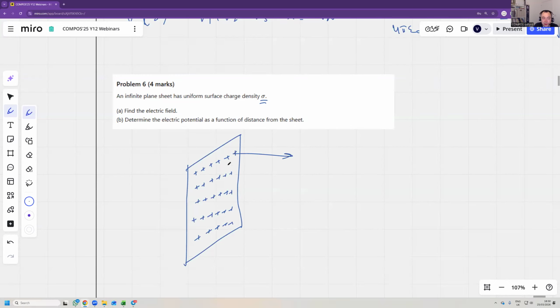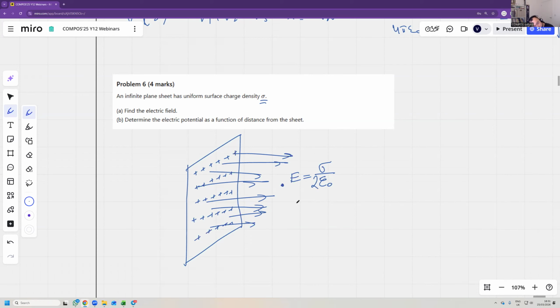So it's an electric field like this. And we saw that this electric field is sigma divided by 2 epsilon naught.